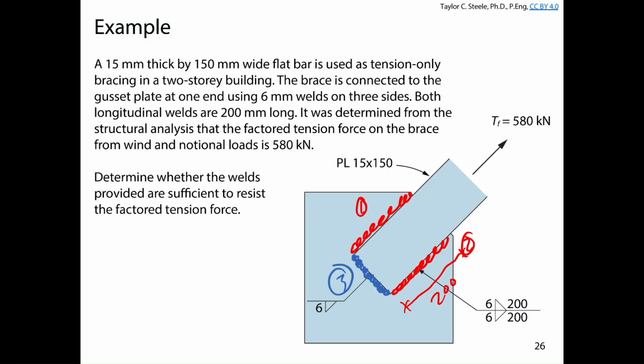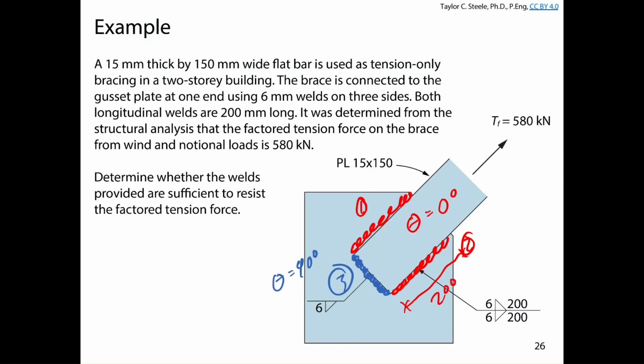What orientations do we have? What are the weld orientations? For the red welds, what's theta? 0 degrees. They're loaded in direct shear. And for the blue weld? Theta is 90 degrees. Great. So we have 2 weld orientations across 3 segments.